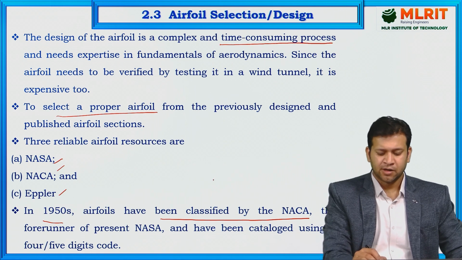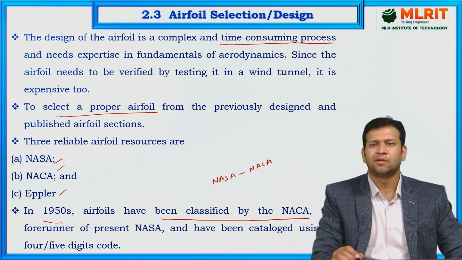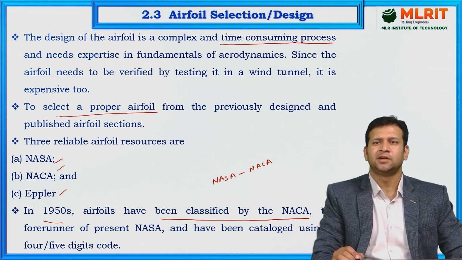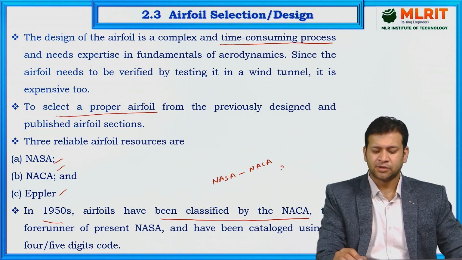Earlier, the present NASA was called NACA. We had NACA 4-digit, NACA 5-digit, and NACA 6-series airfoils. For example, in the NACA 4-digit series, 2412 and 0012.